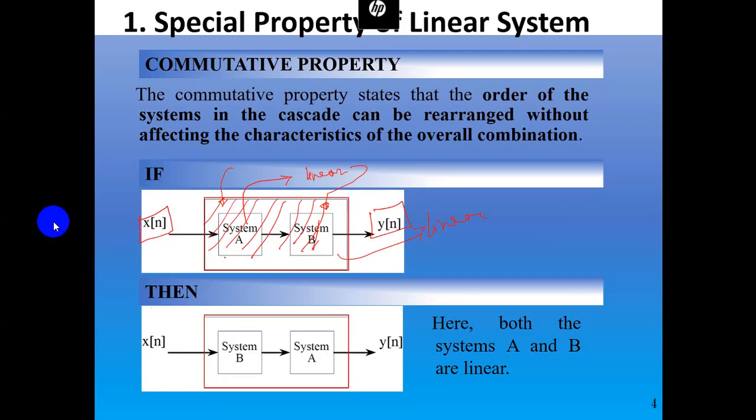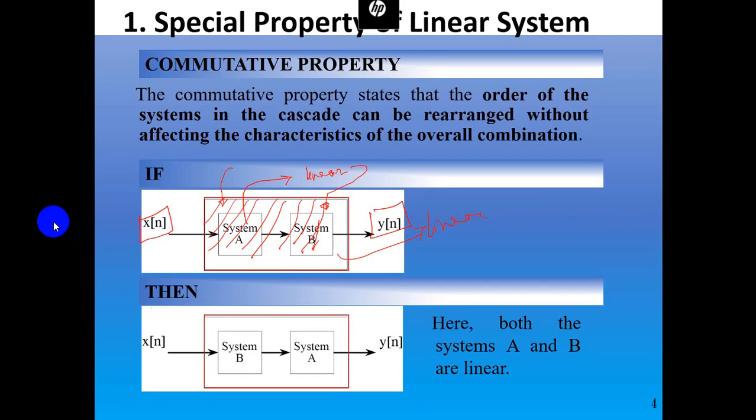Now we can consider system A and system B as the subsystems of the whole system. The other way you can say two systems are making a third single system. Now, system A is linear, system B is also linear.